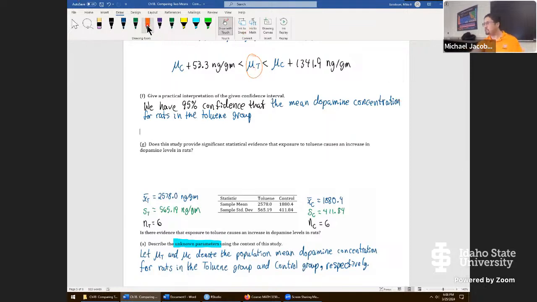Then we come over here and just mention these numbers, including the sign. We can say is from 53.3 nanograms per gram larger to up to this amount, 1341.9 nanograms per gram larger.